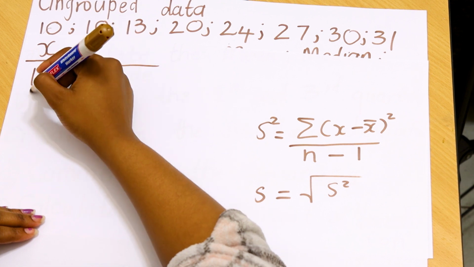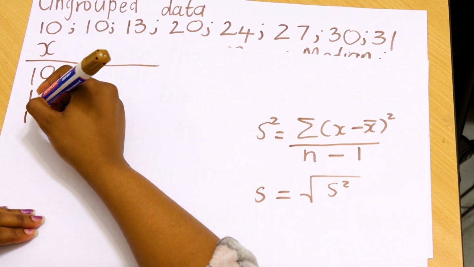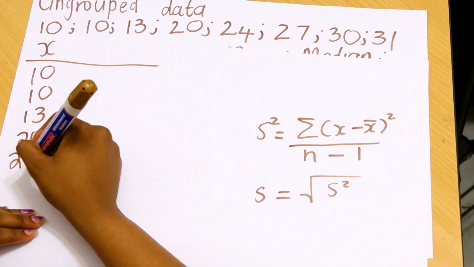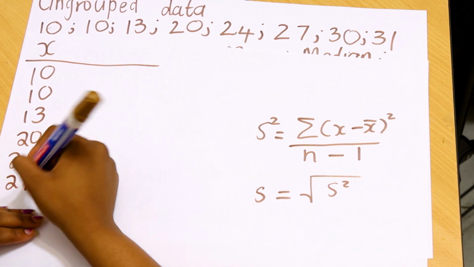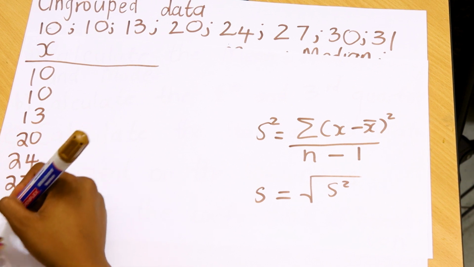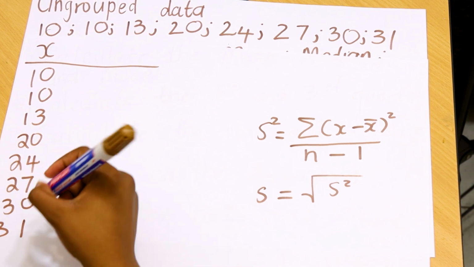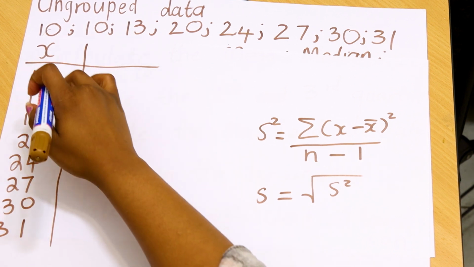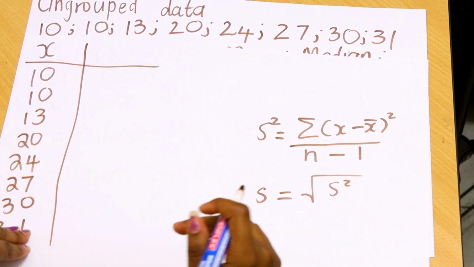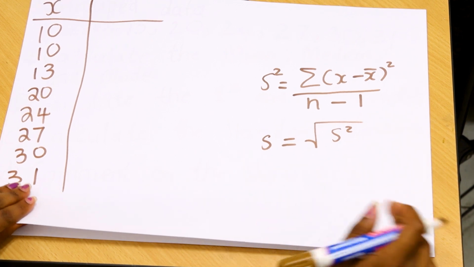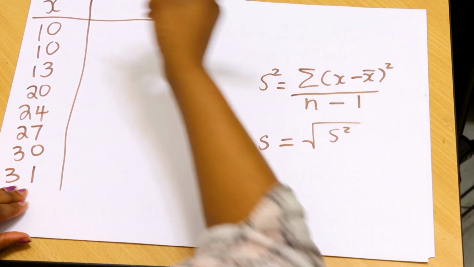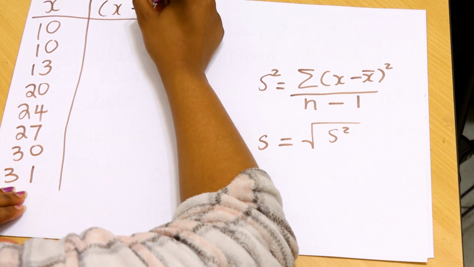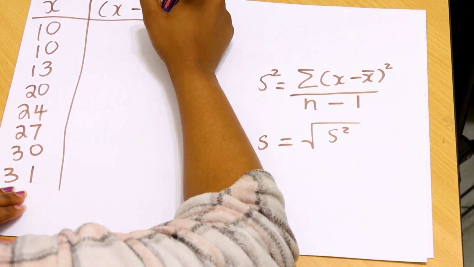We have 10, 10, 13, 20, 24, 27, 30, and 31. Those are all our x values. They are sorted. For us to easily find the value above, we create x minus x bar, all squared.